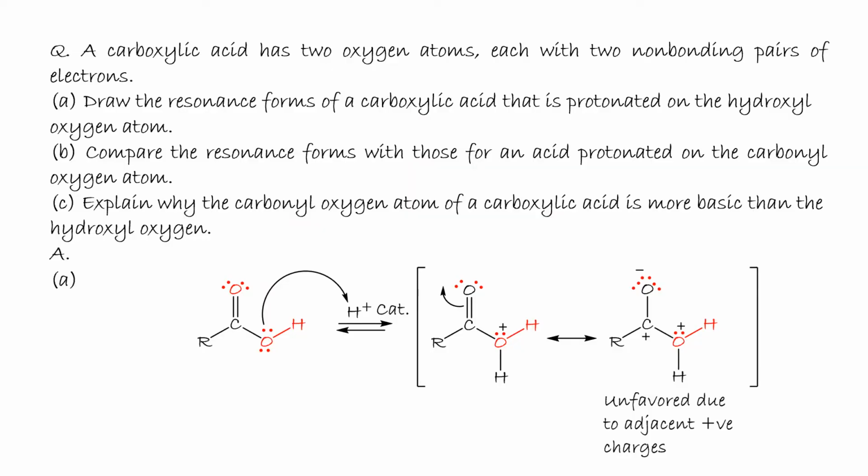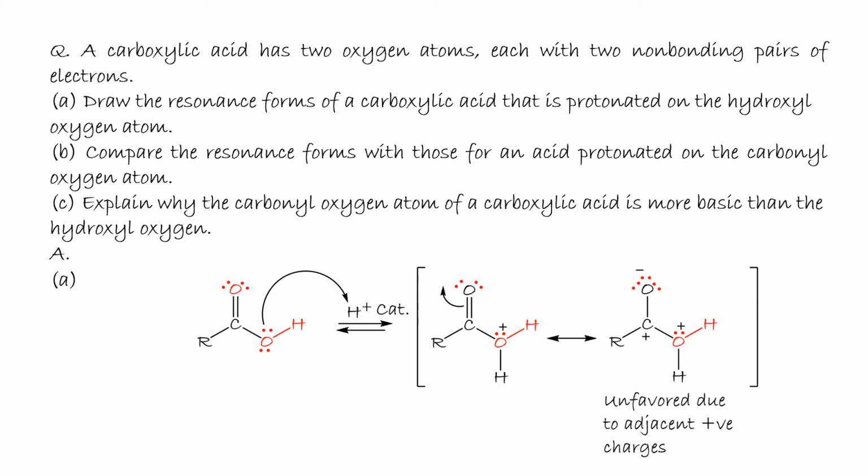Let us start the lecture with a question. A carboxylic acid has two oxygen atoms, each with two non-bonding pairs of electrons. Draw the resonance forms of carboxylic acid that is protonated on the hydroxyl oxygen atom.